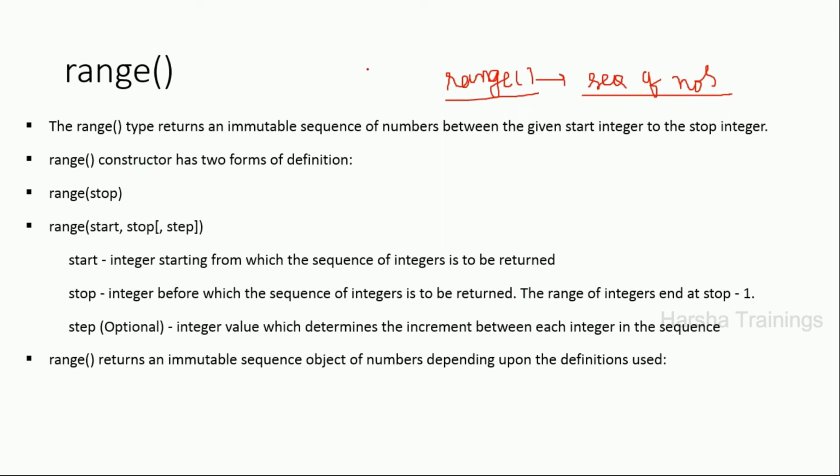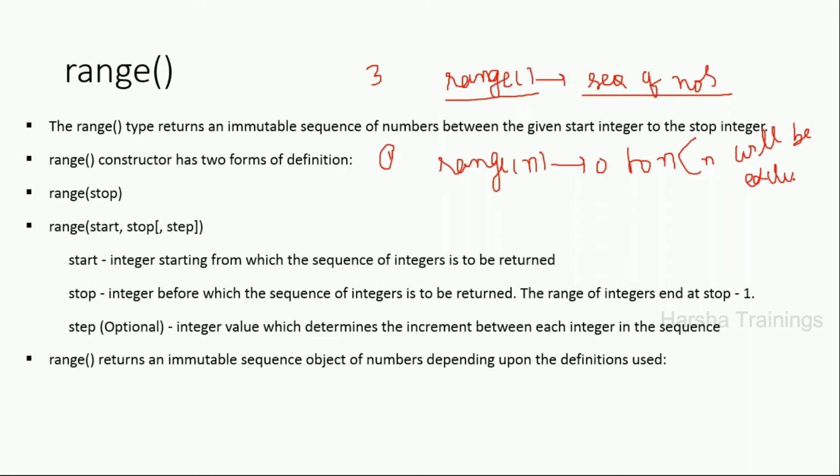Range function is available in three versions. The first version is range of n. It is going to generate numbers from 0 to n, and n will be excluded. You should not consider n.